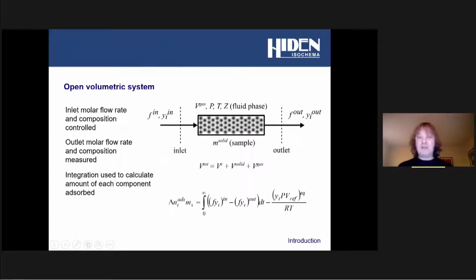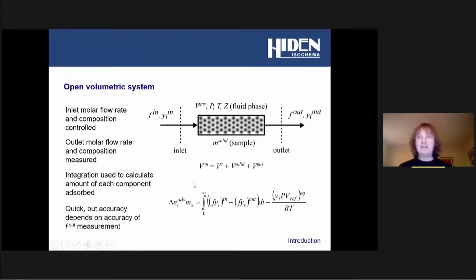We do that as a function of time, and then you can actually integrate that to calculate the amount of gas adsorbed using an expression like this one on the right-hand side. There's a gas phase accumulation term that's subtracted from the integral.